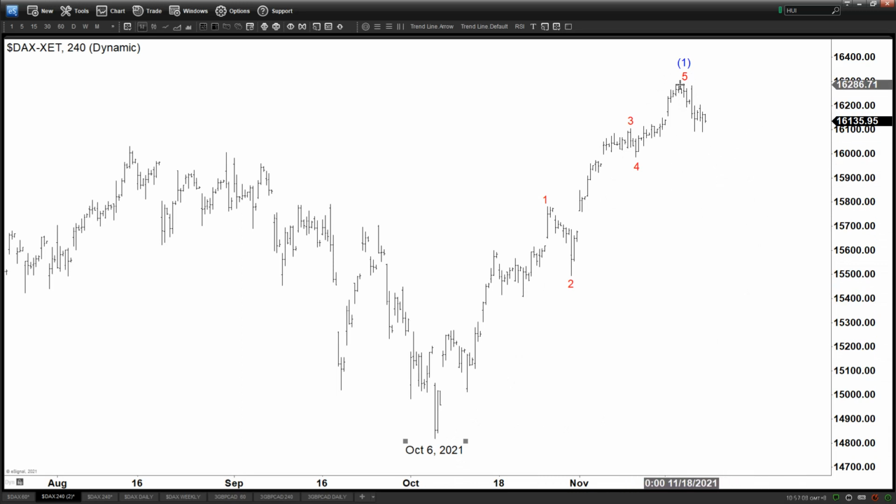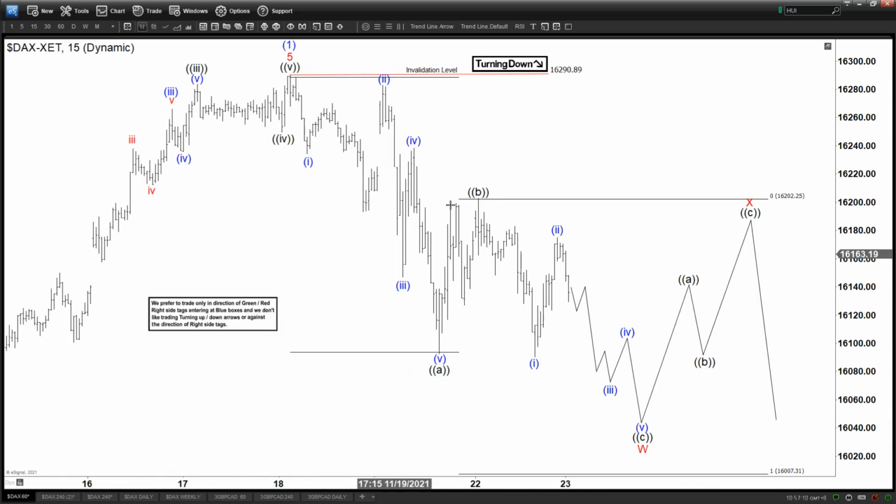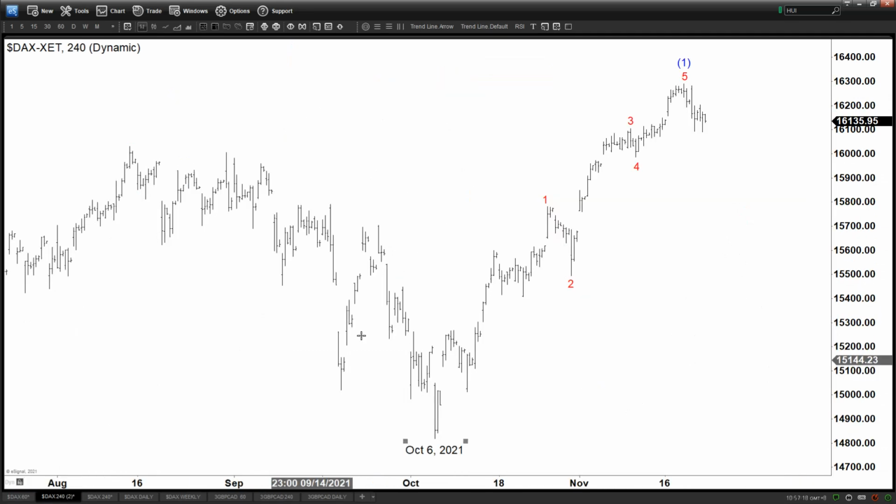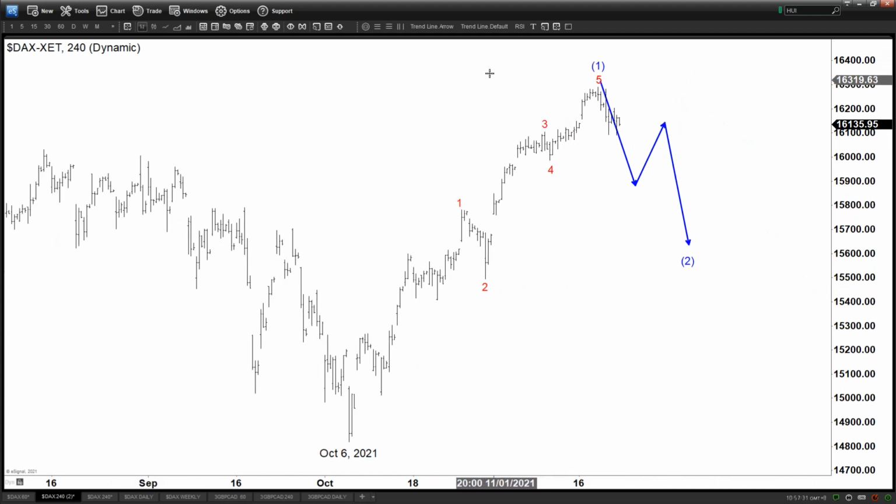That's it. So a larger 7 swing in this case. If this is the proposed count, then this ABC is your 3 swing, then you got an X, and then you got another 3 swing. So you're going to be looking for a 7 swing correction right here, something like this, WXY, and that should finish your 2, and then from there we can rally again and go to a new all-time high again, right?